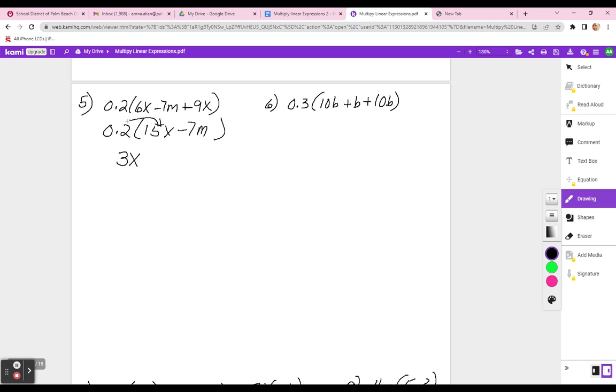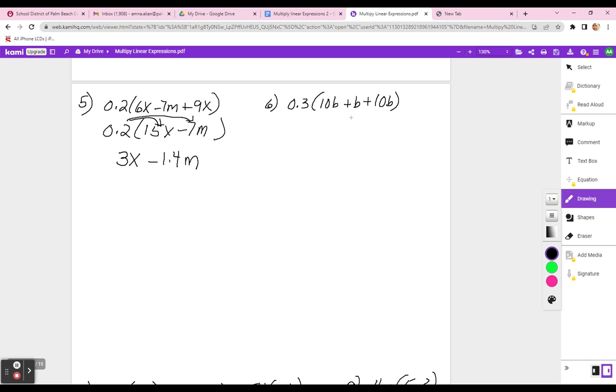So we're distributing. And if we distribute 0.2 to negative 7m, that's going to be negative 1.4m. Okay? And we can't go any further because we don't have like terms here to combine. So that's as far as we can go with that.